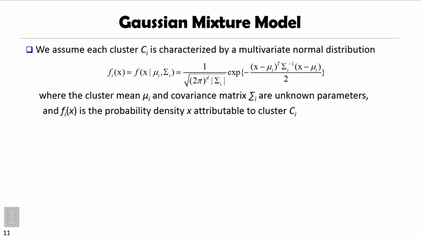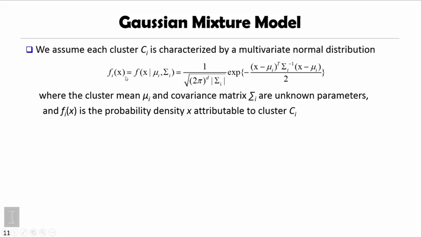Now we study the Gaussian mixture model. We assume every cluster C sub i is characterized by a multivariate normal distribution, where f sub i of x is the probability distribution of x attributed to cluster C sub i.